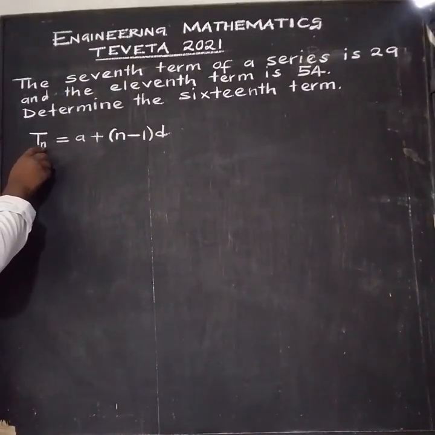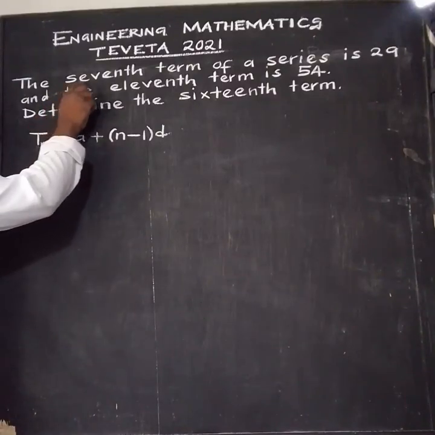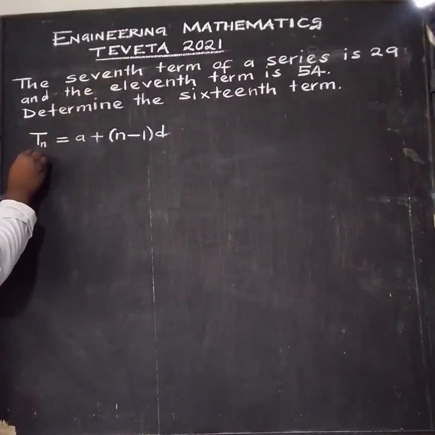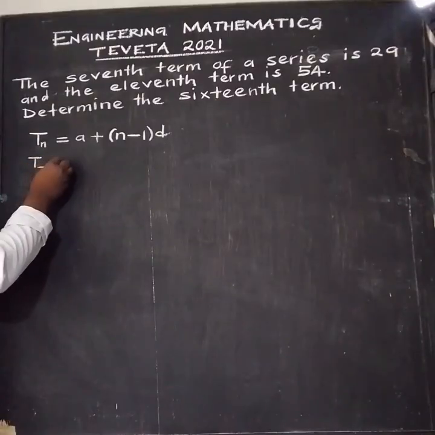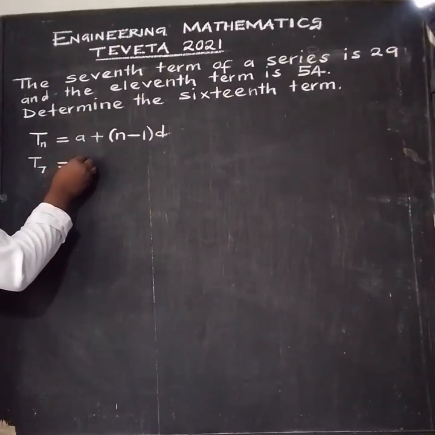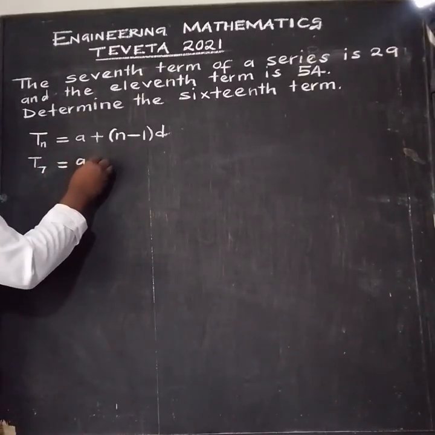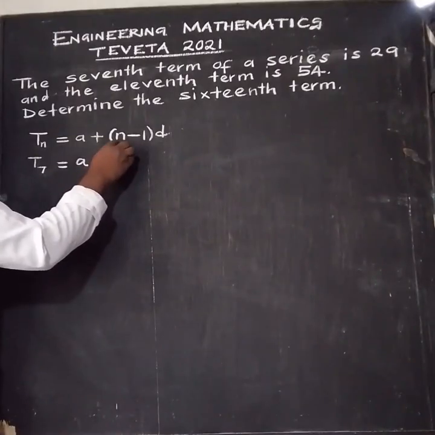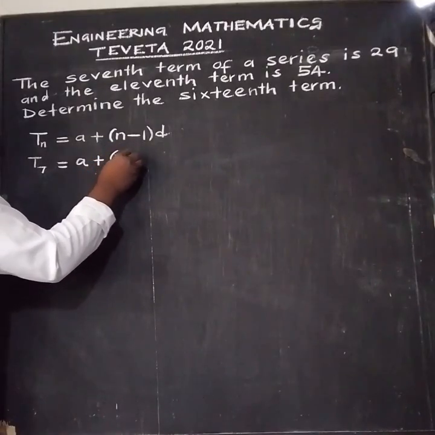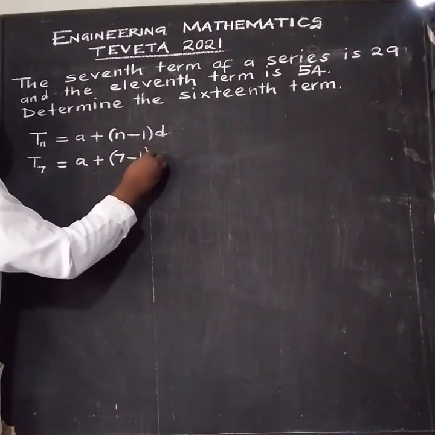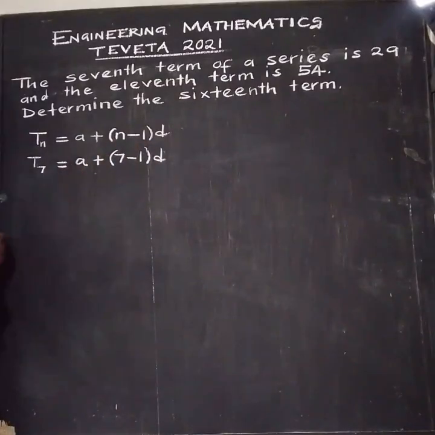Now where there is n, you put the term number. In this case, we have been given the 7th term, so T7 is equal to, we maintain our a, which is the first term, plus, where there is n, you put 7 minus 1, multiplied by the common difference.